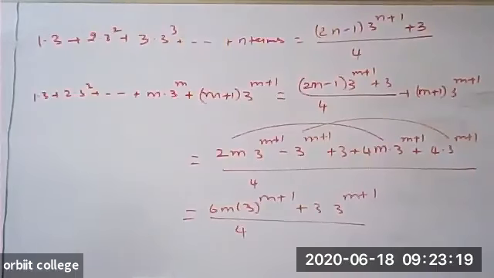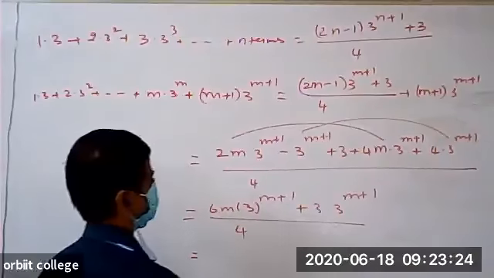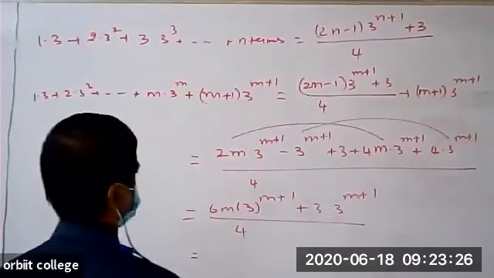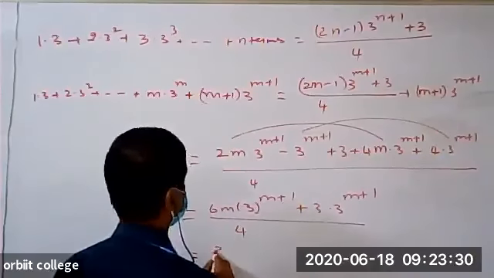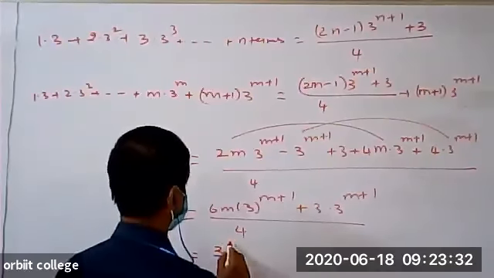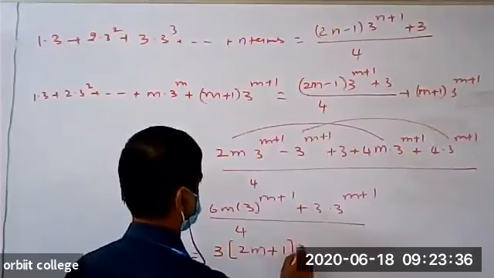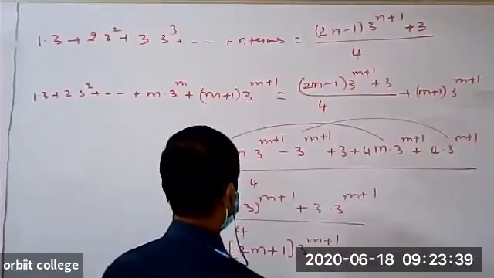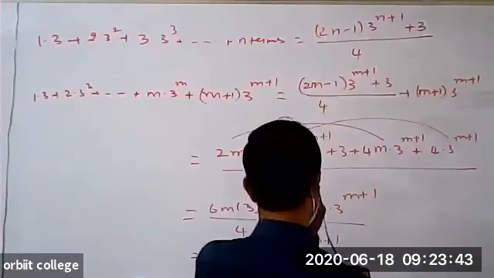Right, children? So if you take 3 common, you get (2m plus 1) into 3 power (m plus 1).